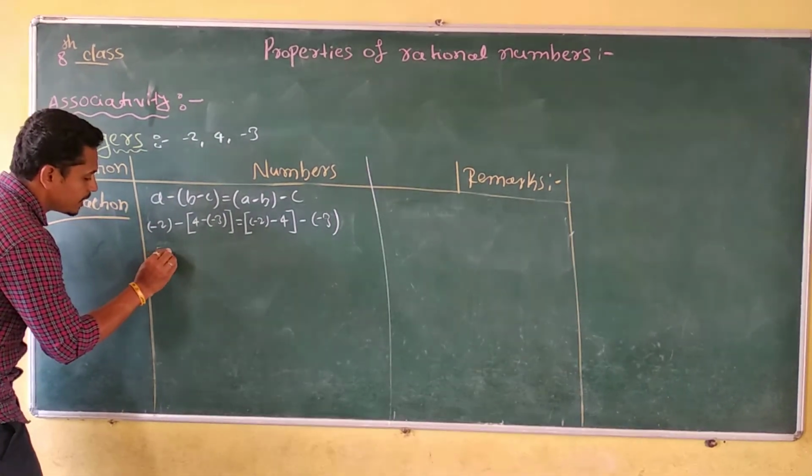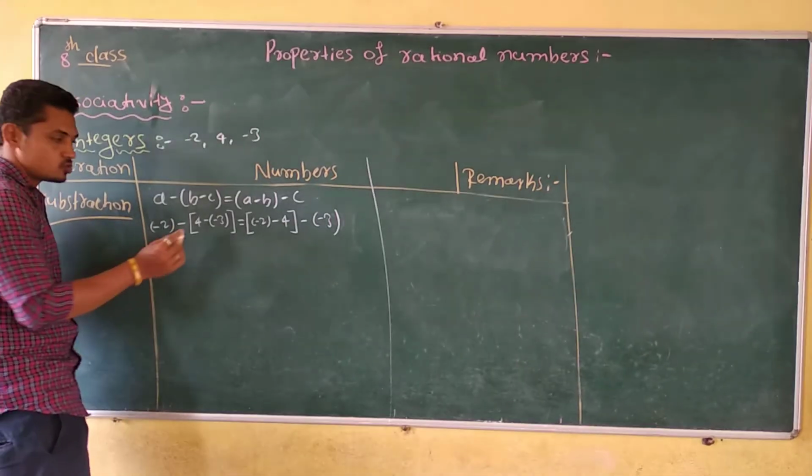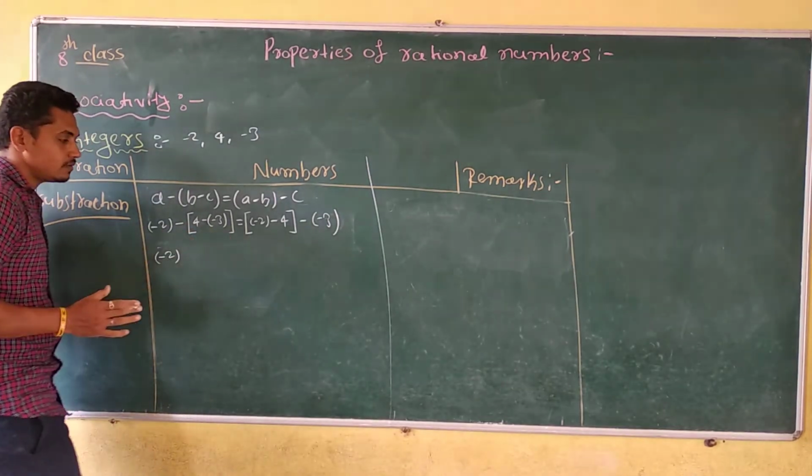Write -2 as it is and solve the next bracket.